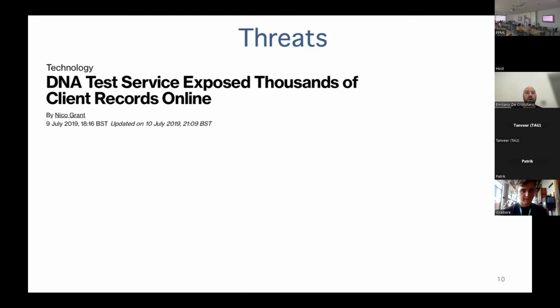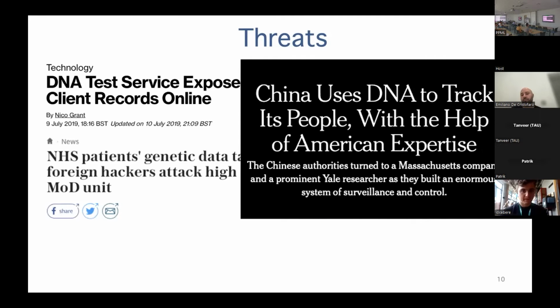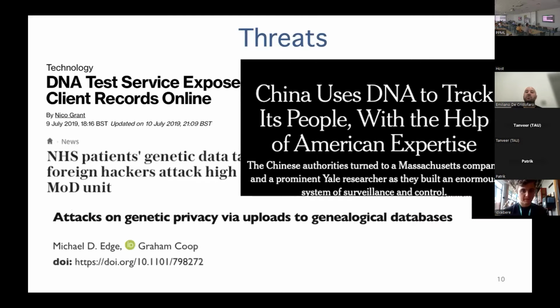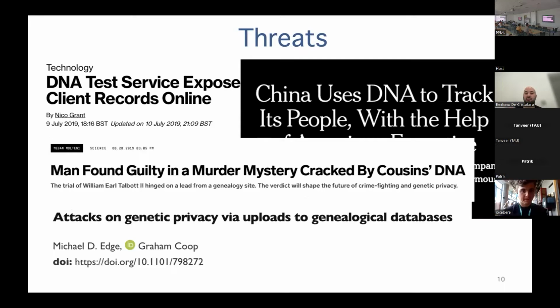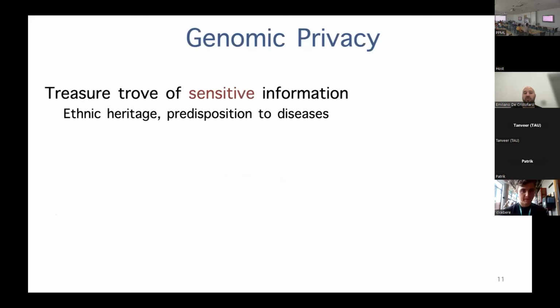Data from DNA test services has been leaked. It's actually even maliciously targeted by foreign hackers. And there are really important privacy concerns when it comes to genomic data, because of the really unique nature of the data, right?